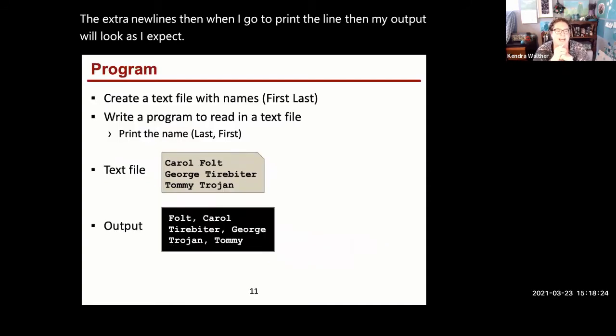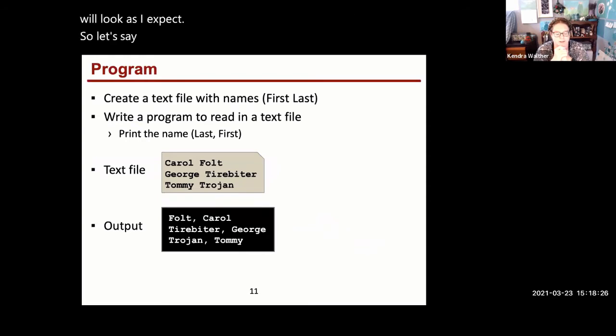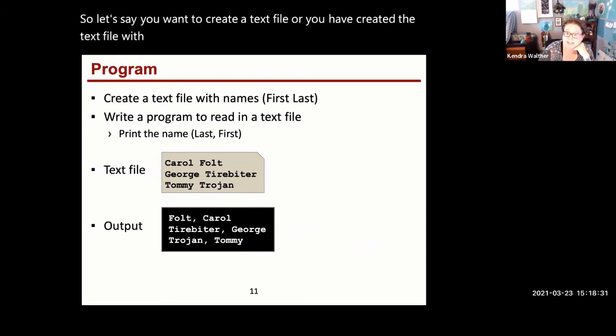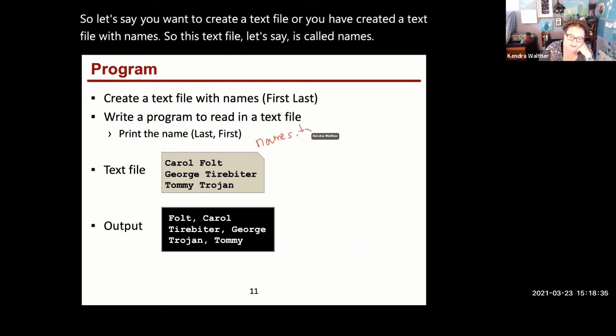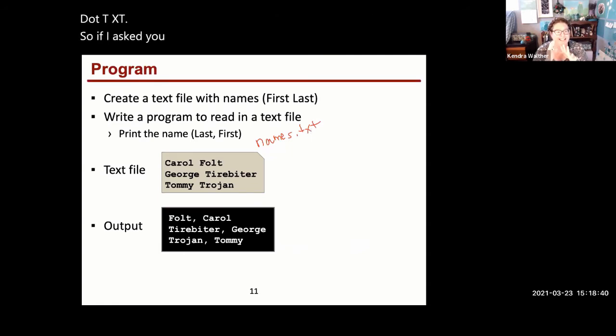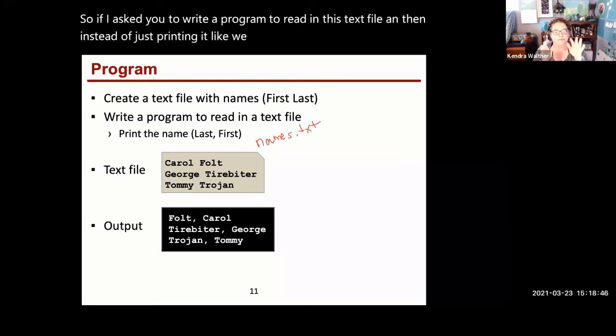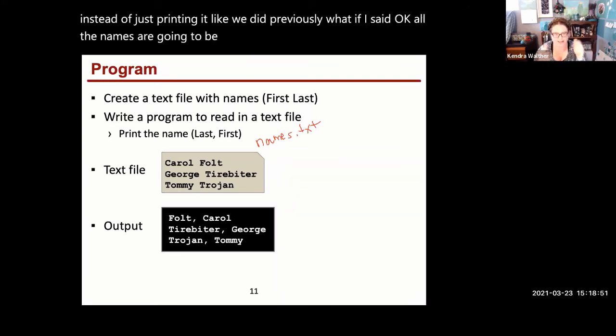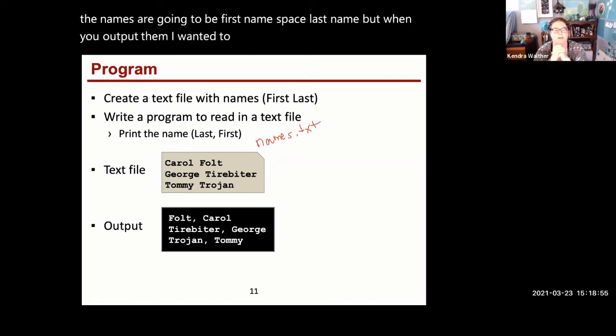So let's say you want to create a text file, or you have created a text file with names. This text file, let's say, is called names.txt. If I asked you to write a program to read in this text file, and then instead of just printing it like we did previously, what if I said, all the names are going to be first name, space, last name, but when you output them, I want it to be last name, comma, first name.